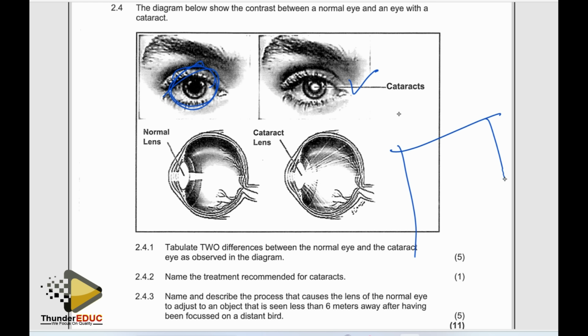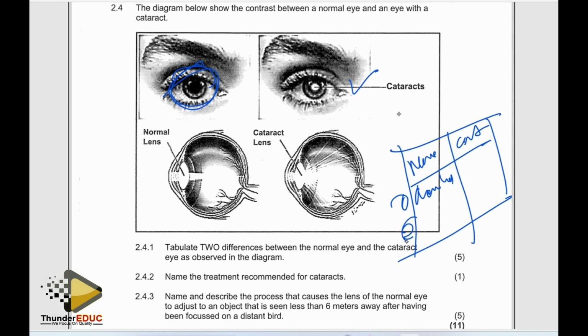Don't forget I said tabulate. If you're tabulating, you have to draw a table, and then you say normal eye here, and here eye with the cataracts, and then clear lens here, and lens is cloudy here.